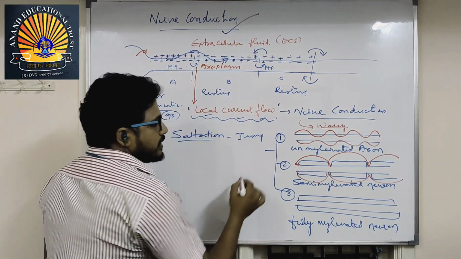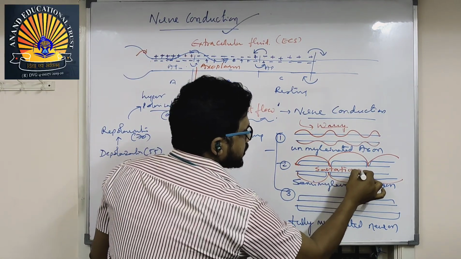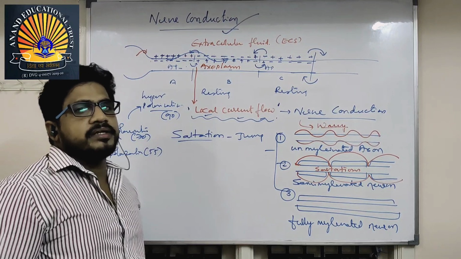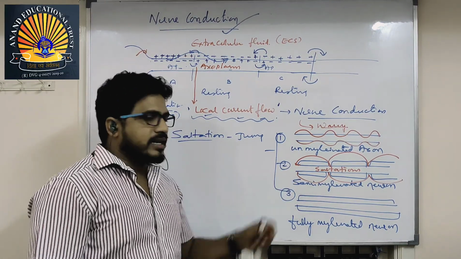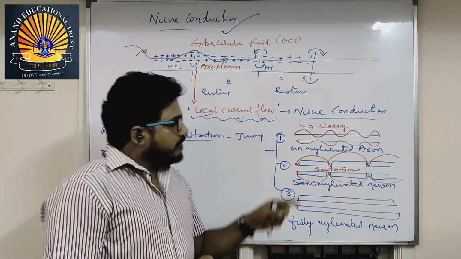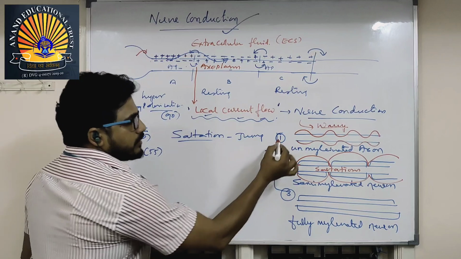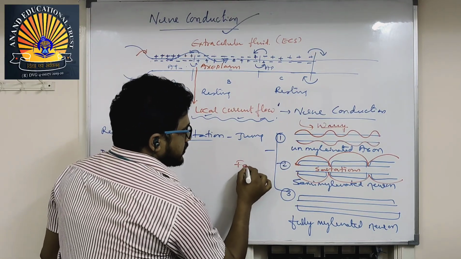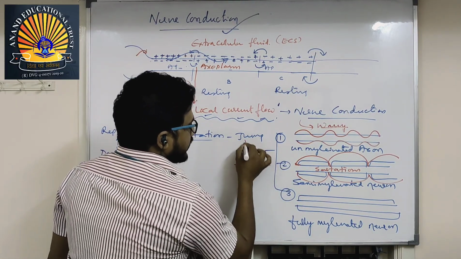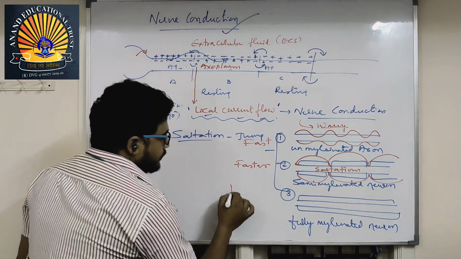So this is what is called saltations, jumpings, like how a kangaroo jumps. Saltations happen because of the incomplete myelin sheath. Whereas here there is no myelin sheath, so there is a wave. Compared to 1, 2 is faster. 1 is fast. In case of the third, it will be fastest.